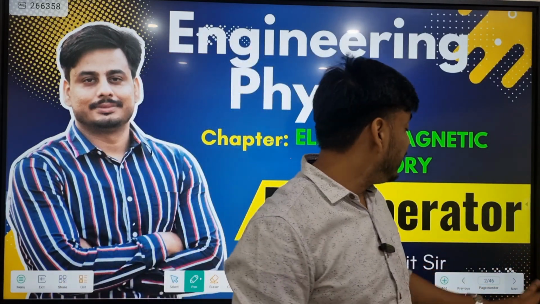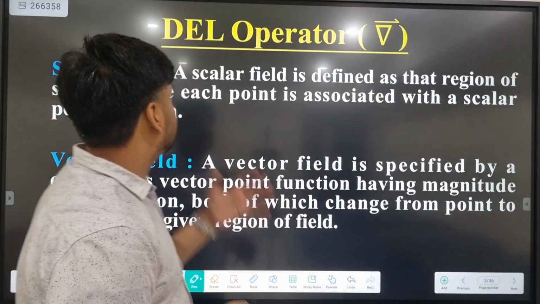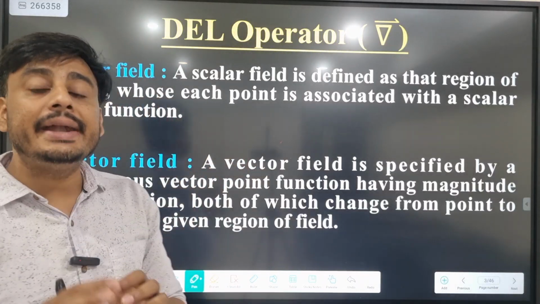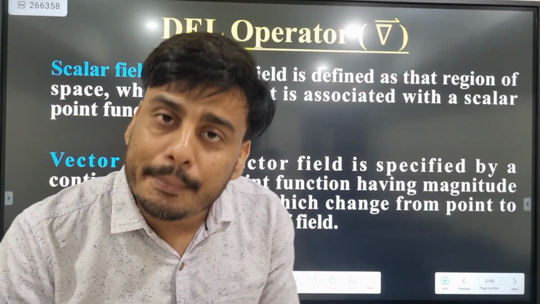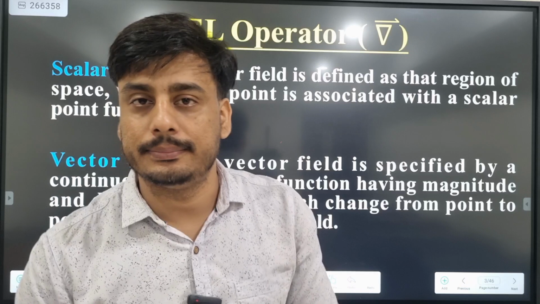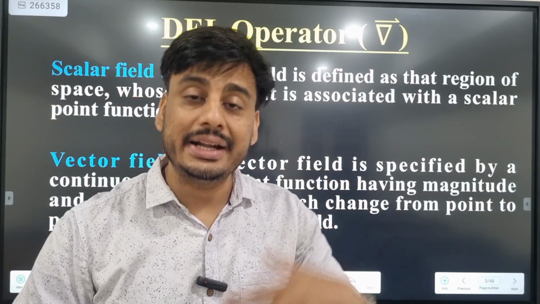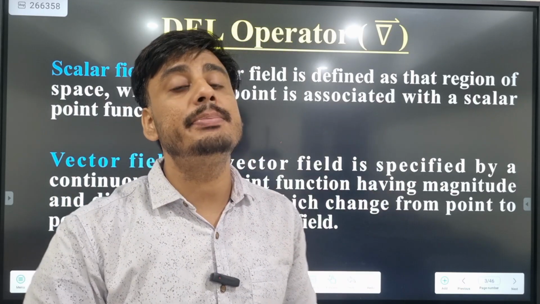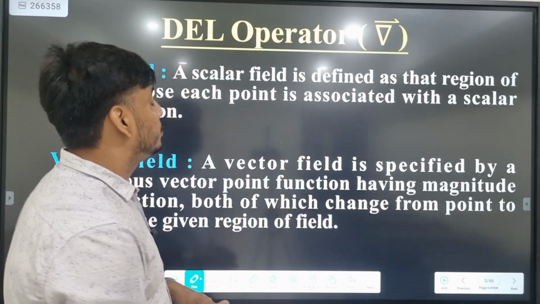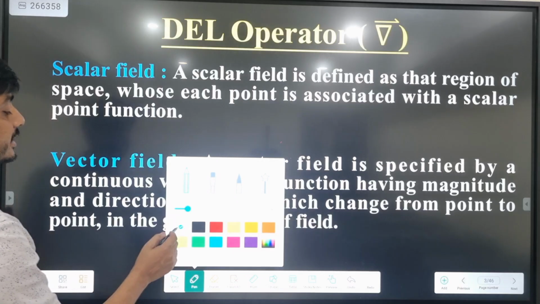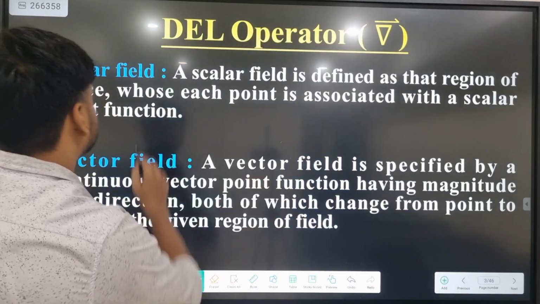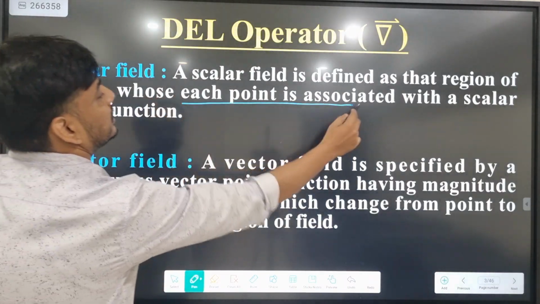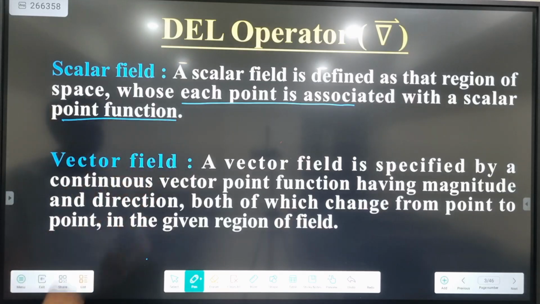Similarly, scalar field and vector field. Scalar field means, if the entire field is represented by a quantity which is a scalar, like temperature, mass, density, volume, if the entire surface is represented by a function which is a scalar quantity, that is said to be a scalar field, associated with a scalar point function.